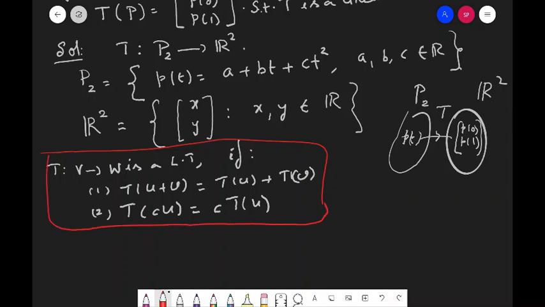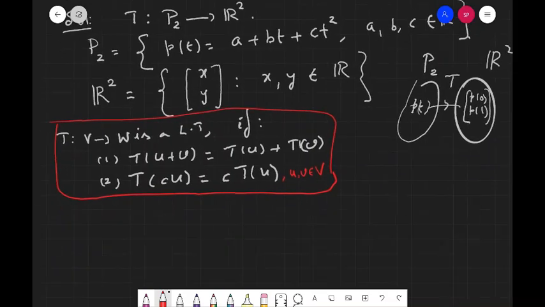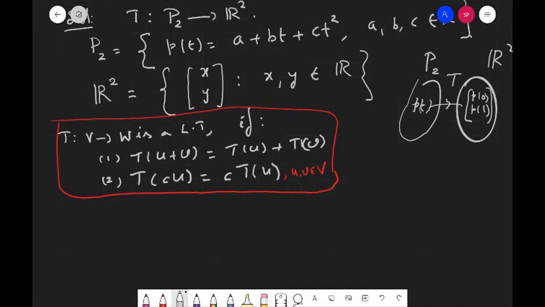Where are these U and V taken from? U comma V belong to the domain V, and C is a scalar. So what is the domain here? The domain is P2. So we should take two elements from P2. Let U comma V belong to P2.